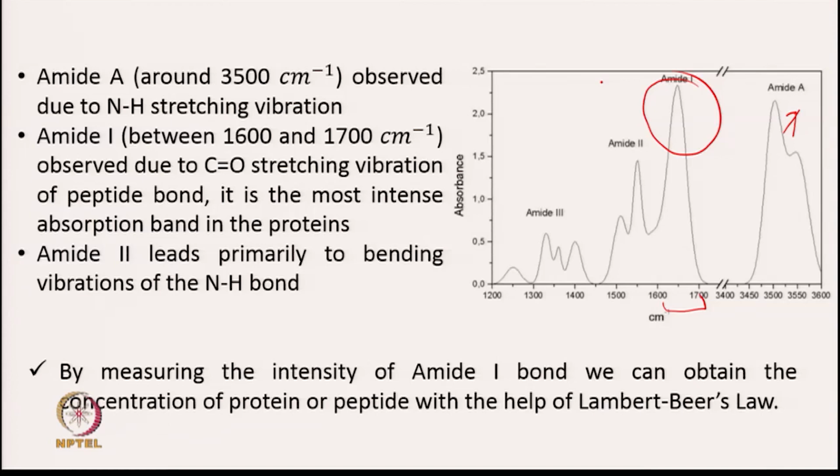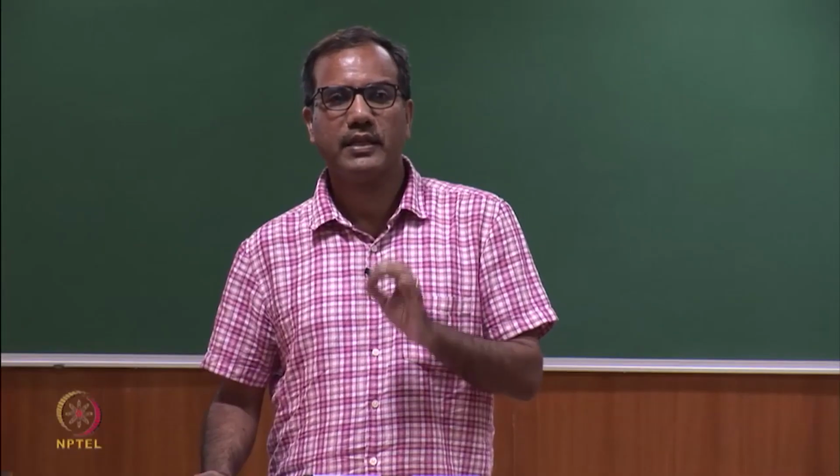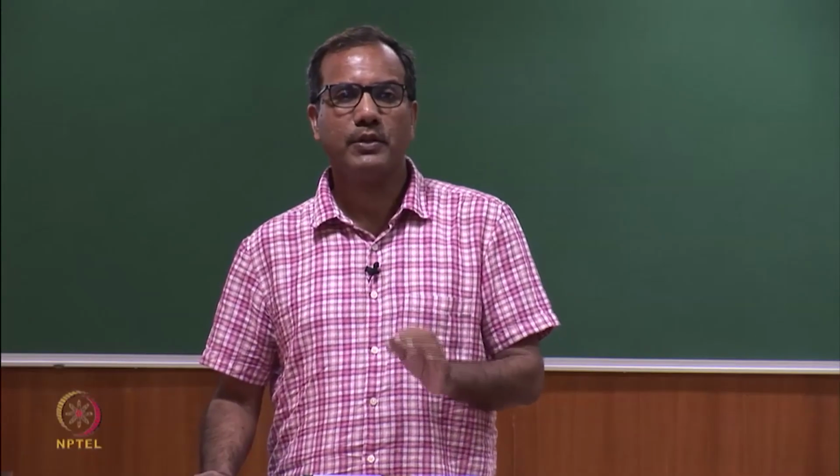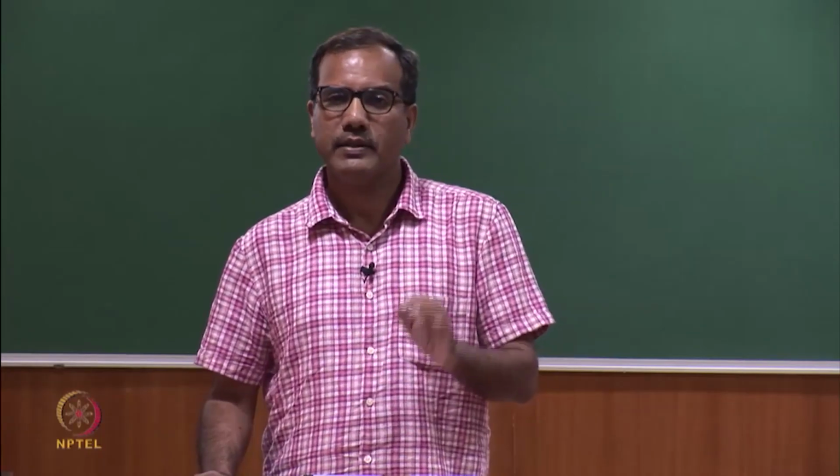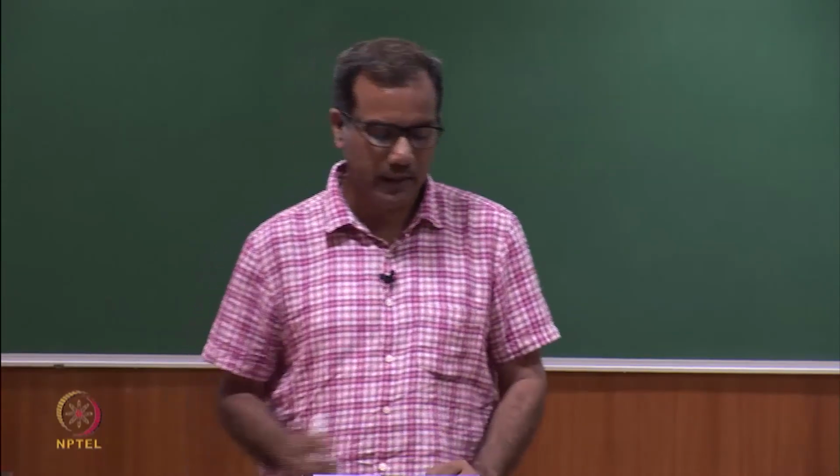The third band is the amide 2 band, and that is because of the bending vibration of the NH bond, and this is your amide 2 band. So, by measuring the intensity of the amide 1 band, we can obtain the concentration of protein or peptide with the help of Lambert-Beer's law.